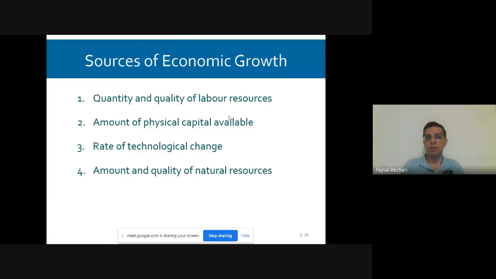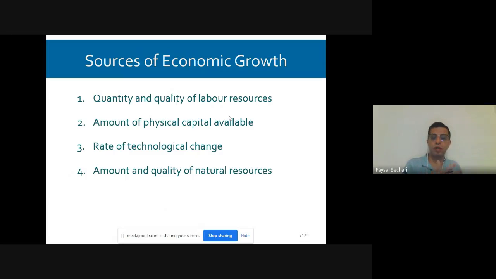Now, the sources of economic growth are, as we said, the quantity and quality of labor resources; the amount of physical capital available, how much physical capital there is; the rate of technology, how fast changes happen, because as we said in the last class, there is a shift in supply if technology keeps changing; and the amount and quality of natural resources.